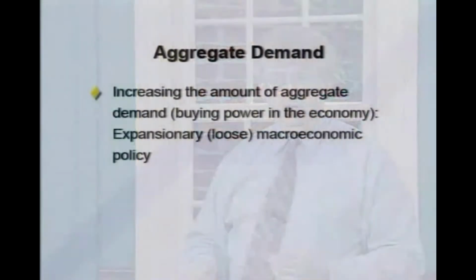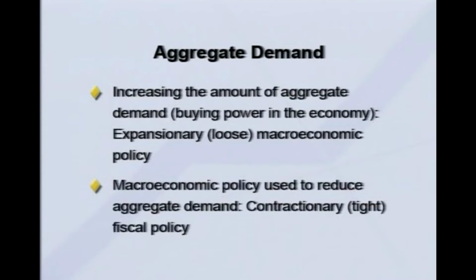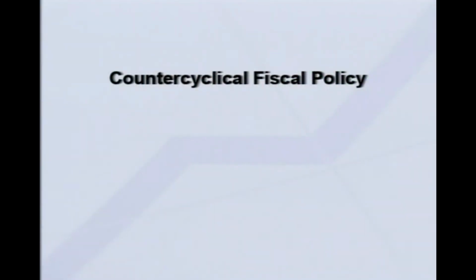The macroeconomic policies that are used to reduce aggregate demand, in contrast, are called contractionary policies or tight fiscal policies. So a policy of tax increases or a policy of spending cuts is going to be a contractionary or tight fiscal policy.